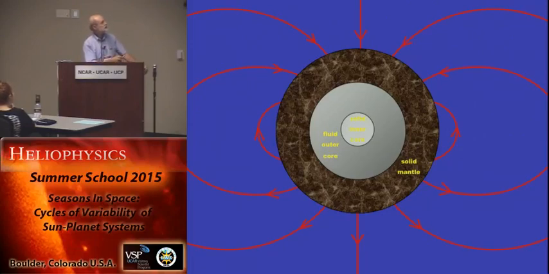And then the interior, as Fran was saying, is a solid inner core. That may have only been around for the last couple billion years. It's not clear. Initially, this was all hot and all fluid. And at some point, the Earth cooled down to a point where the pressure was great enough to force the iron to start to crystallize.